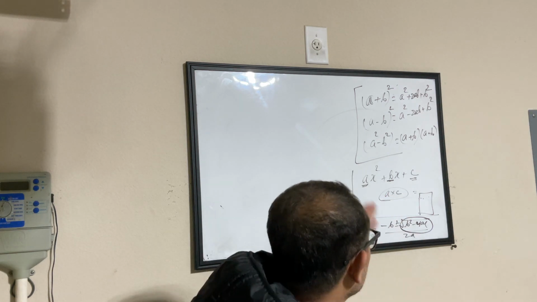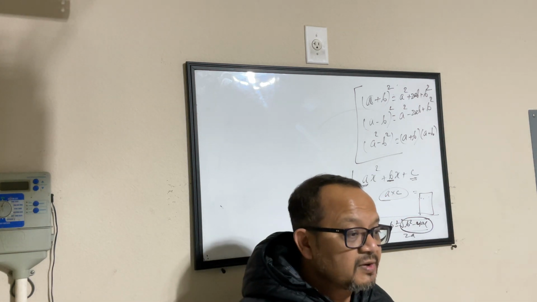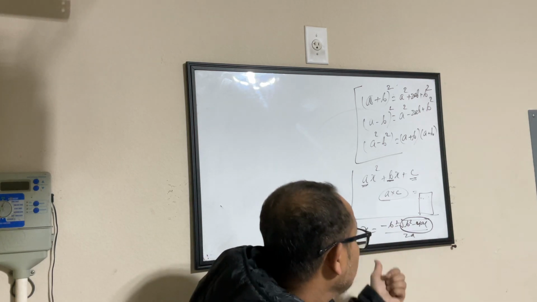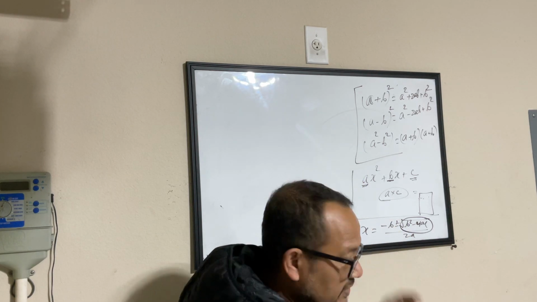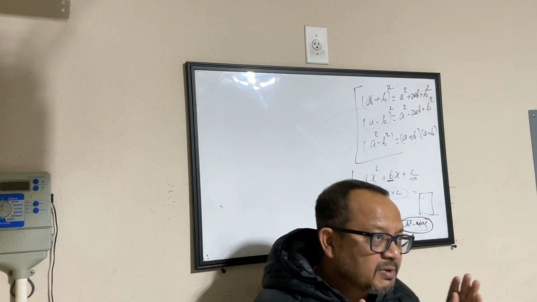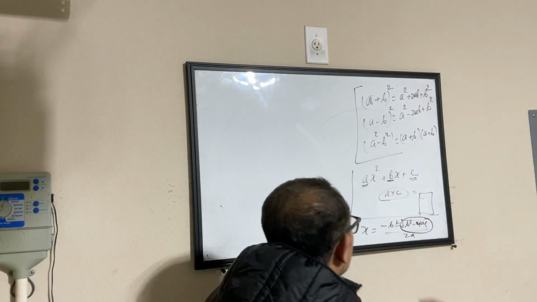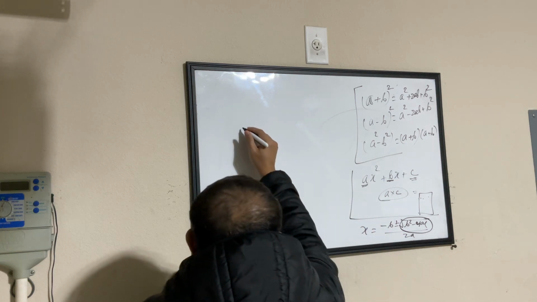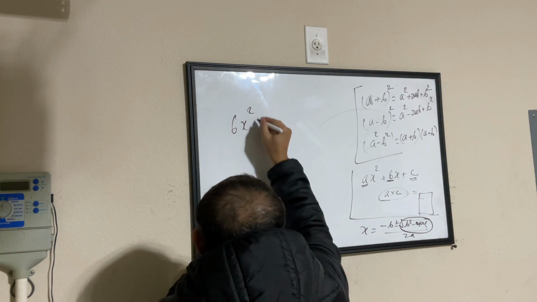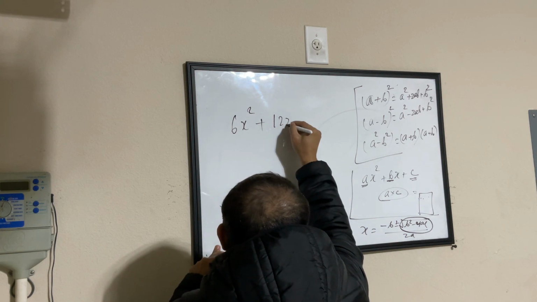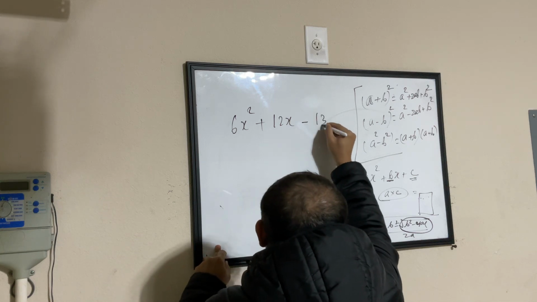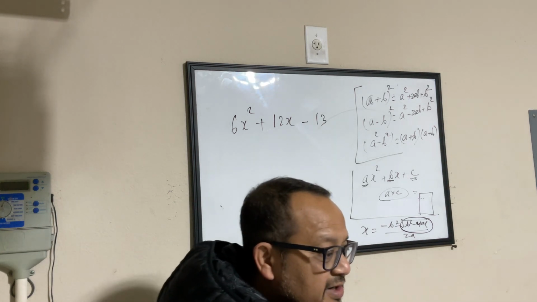But what is important for us is to solve equations or expressions using this. When I say solve, we'll probably restrict it to factorizing an expression. Let's say I'm talking about 6x squared plus 12x minus 13, and I'm asking you to factorize this.